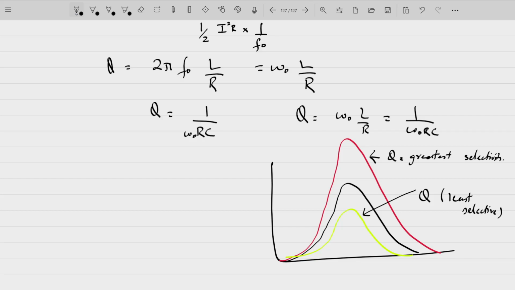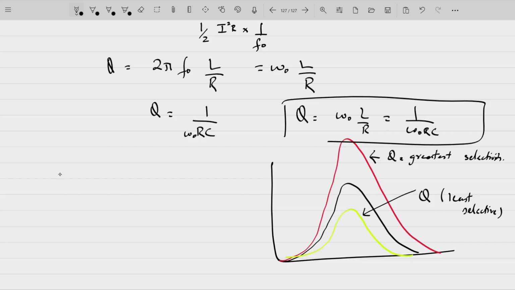It also actually points out how much current is actually flowing into your system. What can be the peak value of current that will flow through your system? Fine. Q is equal to omega naught L by R, or you can say Q is equal to 1 by omega naught RC.